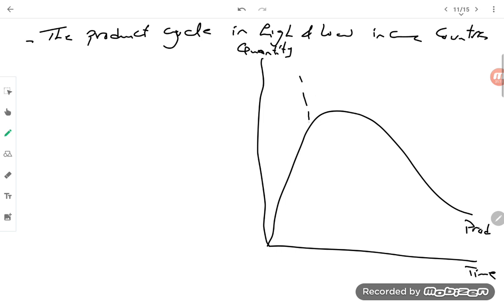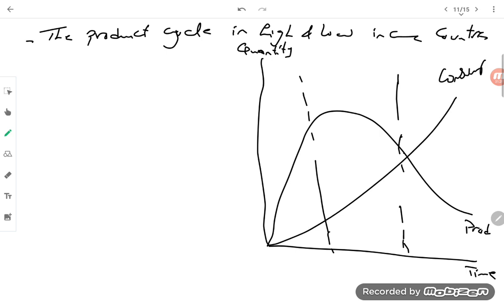This is phase number 1, phase number 2, and phase number 3, while this is consumption. So the production had 3 main phases: early phase, middle phase, and late phase.